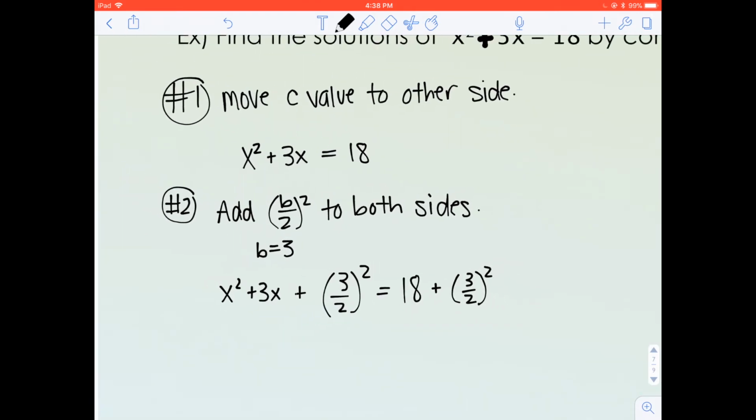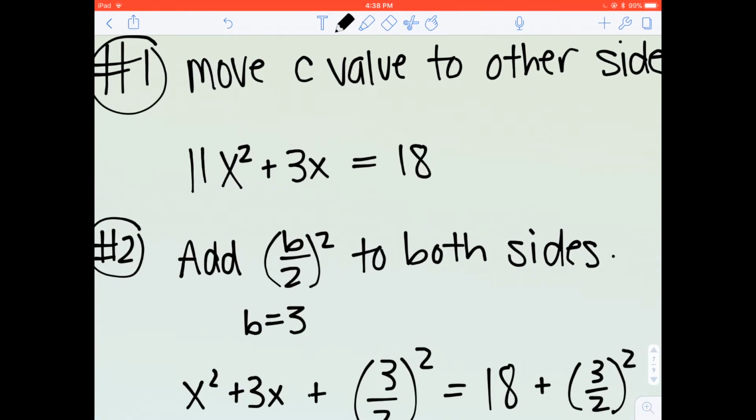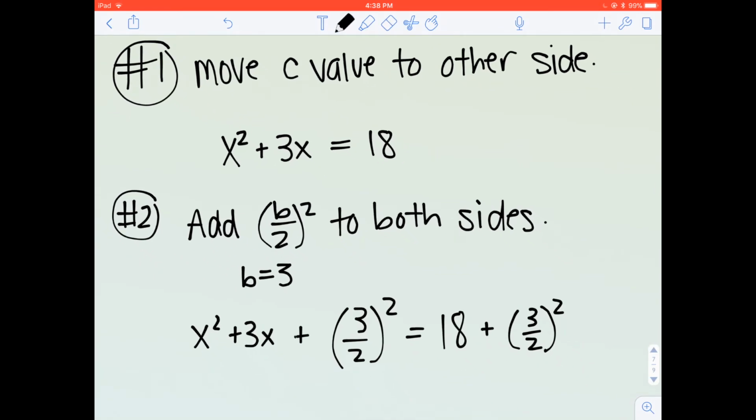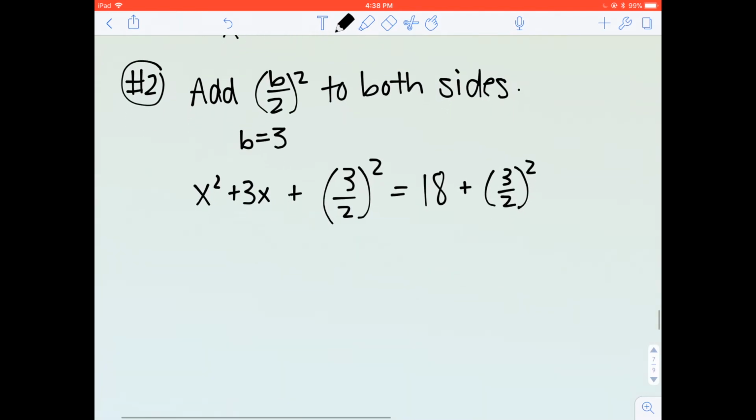Now take a second to think about completing the square. What would we have had to do before adding b over 2 squared to both sides if there was a number here? If there was an a value, remember we would have had to divide everything by a first. Luckily this one did not have an a value, so we didn't have to do that.